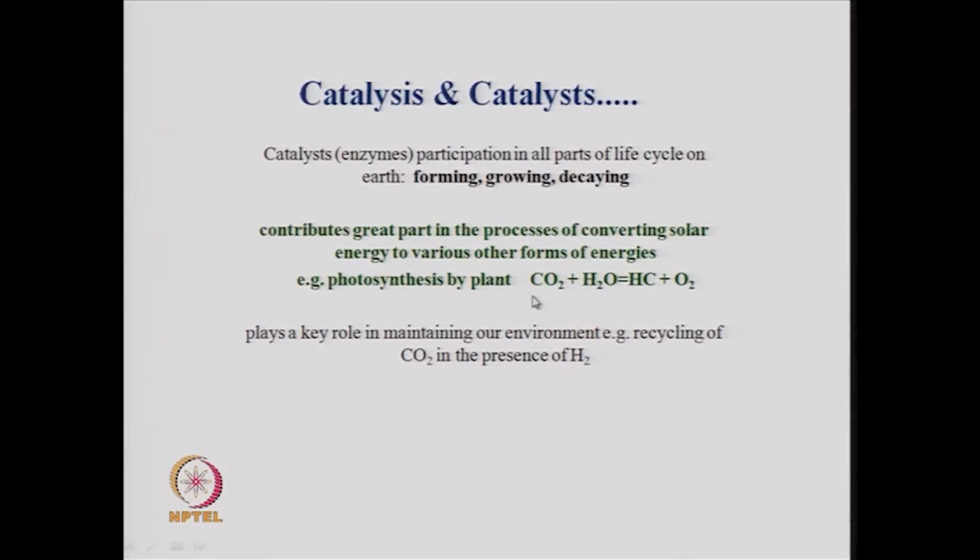So, you convert carbon dioxide and water in the atmosphere to hydrocarbons, which is food, and oxygen is generated. So, this photosynthetic process involves several catalytic cycles and is a very important reaction mechanism which people have understood over a large number of years.